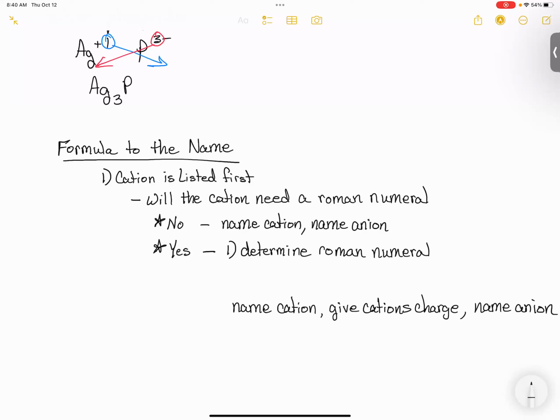Now, over the years, I've tried and tried and tried to come up with a formula. And I've come up with one that works.